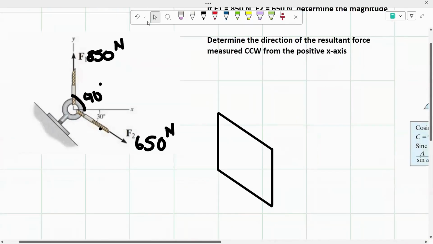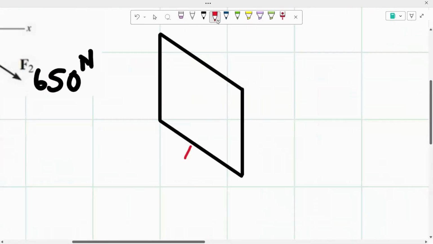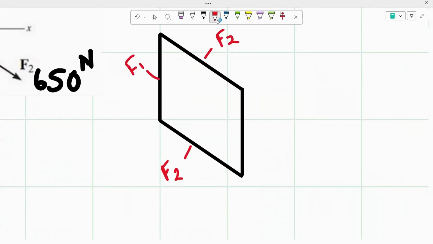And then from there we could label. So this is our F2. This one is also our F2. This is our F1. And this one's also F1.